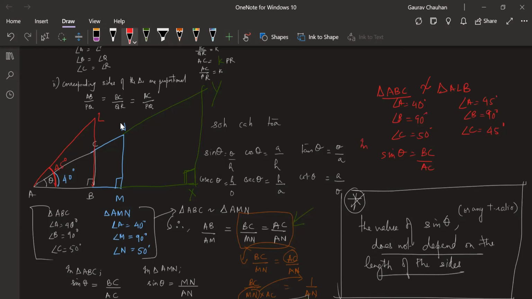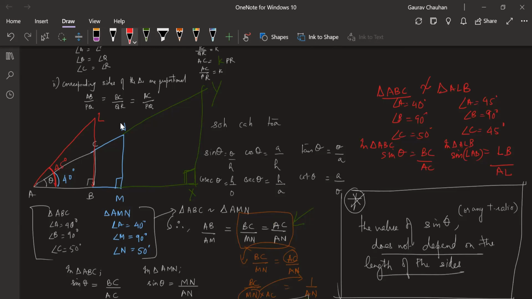But anyhow, this is no longer theta, this is the red angle, whatever this red angle is, sine of angle LAB in triangle ALB will be equal to LB by AL, and that's going to be a different number, a different ratio than what it comes to in triangle ABC. I want this understanding to be here.